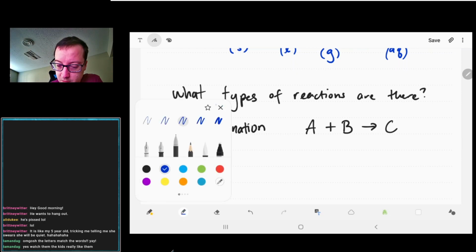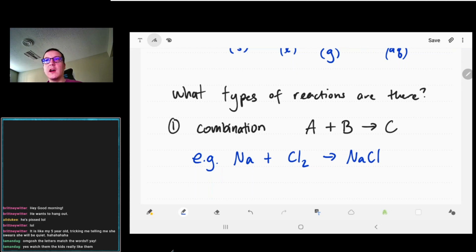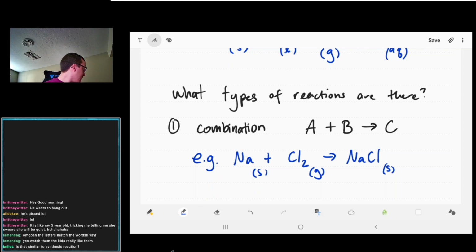For example, if we were to react sodium metal with chlorine gas, we would get sodium chloride out. This is a combination reaction. We're combining sodium and chlorine together. The sodium is going to end up losing its electron, giving it to chlorine, and they're going to form the ionic compound sodium chloride there.